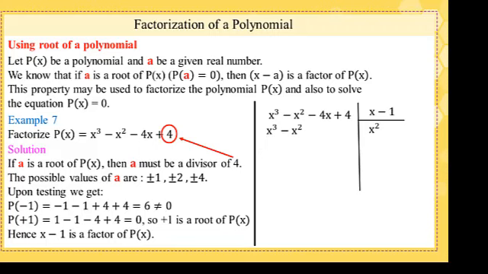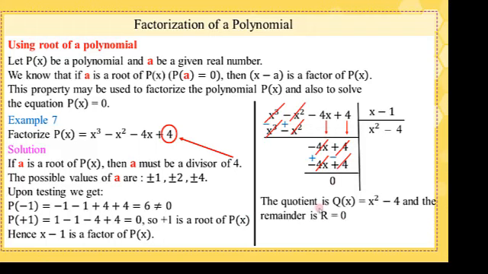Then we will subtract. We get minus 4x plus 4. Now minus 4x divided by x equal to minus 4. Then we will multiply minus 4 by x minus 1. We get minus 4x plus 4. Then we will subtract. We get 0.